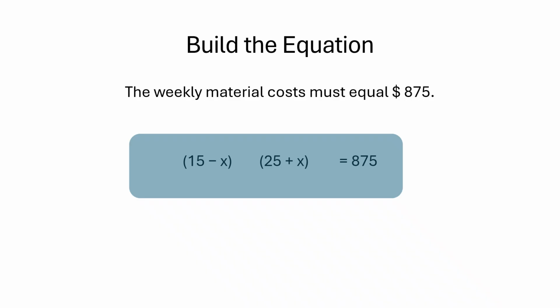So we end up multiplying 15 minus x times 25 plus x, and we set it equal to 875. So when we read the question clearly and carefully, we can set the equation as the quantity of 15 minus x times the quantity of 25 plus x equals 875.